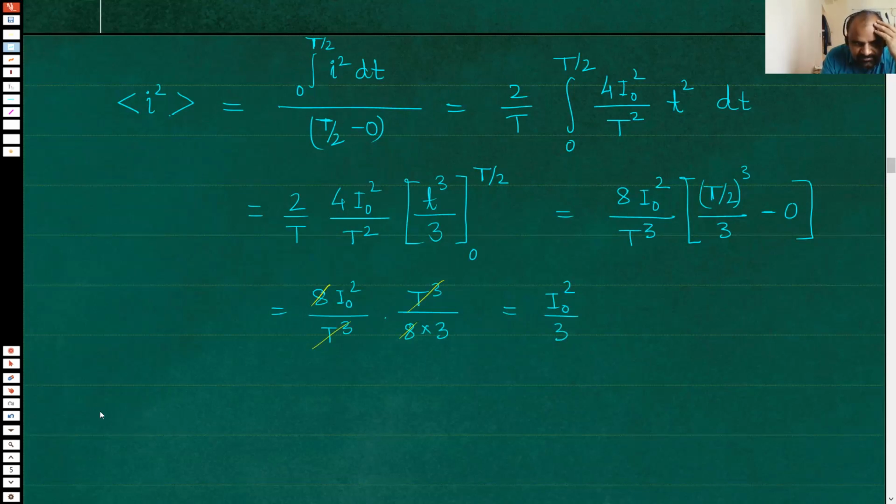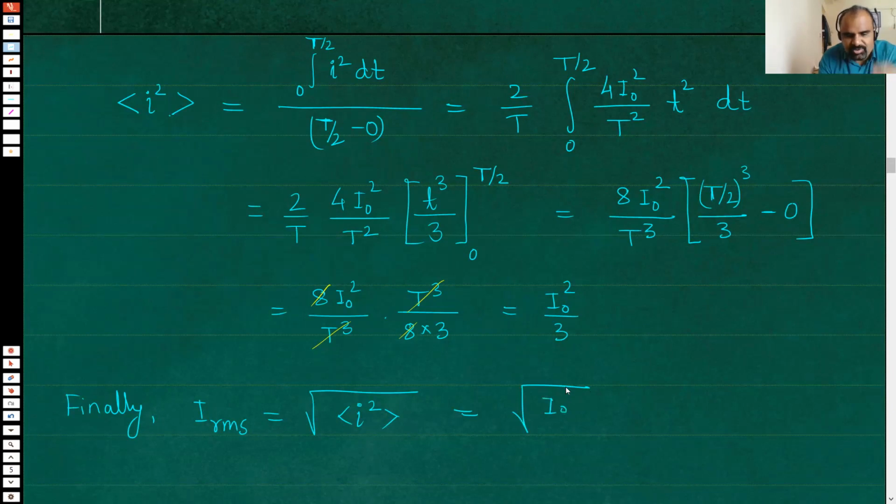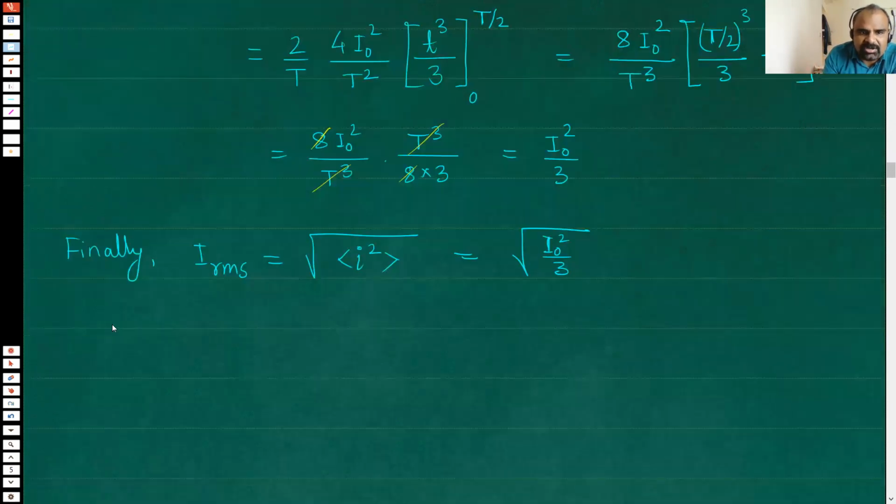Okay. Now finally, IRMS will be the square root of the mean of the square: first square it, then mean it, and then take the root. The mean we have already found, I naught square by 3, and we just have to take the root of it. So what did we get?